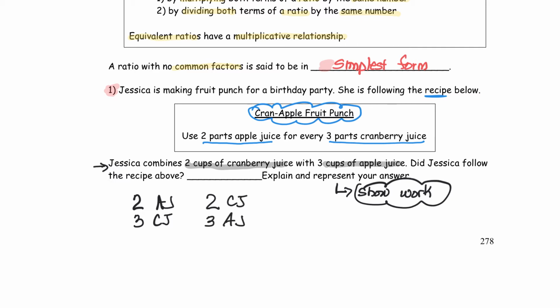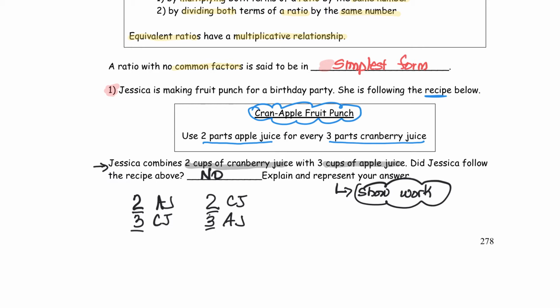Well, what do you notice? They're actually mixed up. So what she did was she switched. She kept the 2's in the right place, but she mixed up the juices. So the answer then, did she follow the recipe above? The answer is no. And I'm sure her fruit punch tasted a lot different than the recipe.